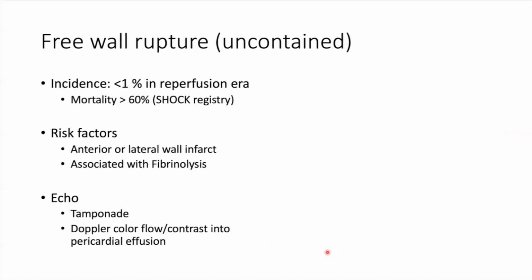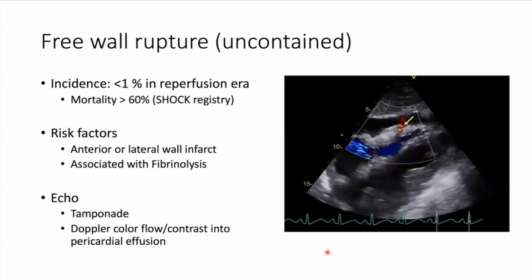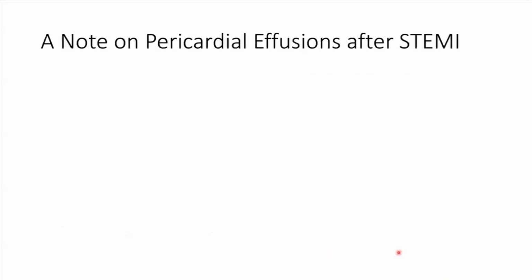The main features that we're looking for here are tamponade and color Doppler or contrast into the pericardial effusion that's circumferential. I couldn't find any example of this. This is just an image showcasing color Doppler across the right ventricle, in this case, into the pericardial effusion space. This is with collapse essentially, and this is an example of free wall rupture.